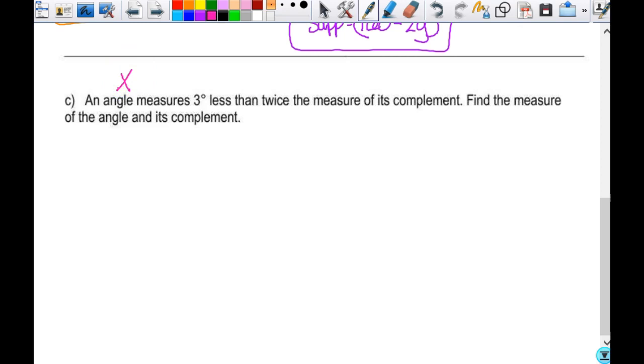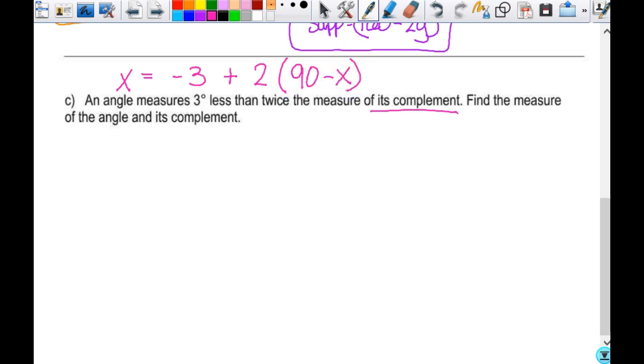This angle measure has to be 3 degrees less. Do I do 3 minus? No, it's minus 3. 3 degrees less means I'm subtracting 3. 3 less than twice. How do I represent its complement? 90 minus x, right? So the complement is 90 minus x.